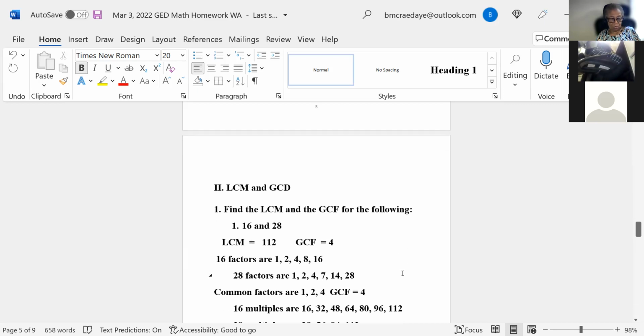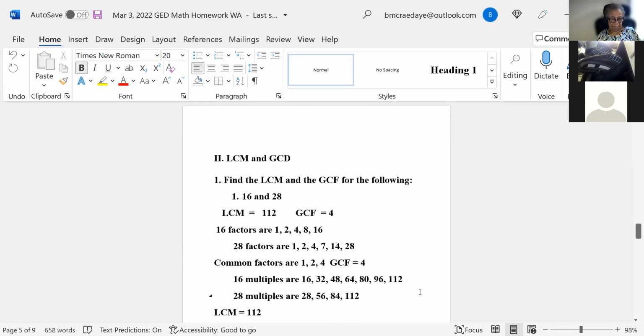Now, when you do the multiples, you're multiplying by what? 1, 2, etc. So 16 times 1, 2, 3, 4, 5, 6, 7. And you get 16 times 1, 16. 16 times 2, 32. 16 times 3, 48. 16 times 4, 64. 16 times 5 is 80, all down the line, right?